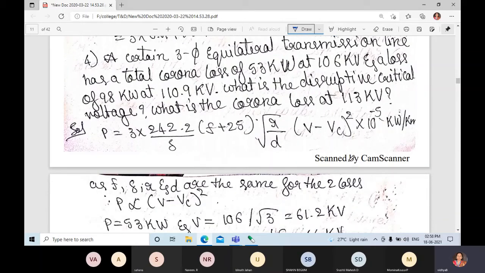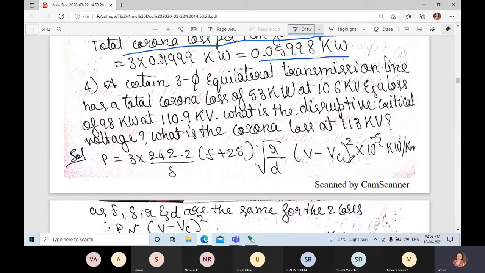Next problem is, a certain 3 phase equilateral transmission line has a total corona loss of 53 kilowatt at 106 kV and a loss of 98 kilowatt at 110.9 kV. What is the disruptive critical voltage? What is the corona loss at 113 kV?